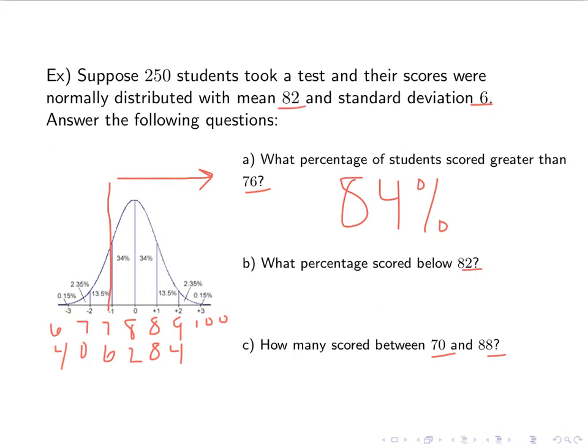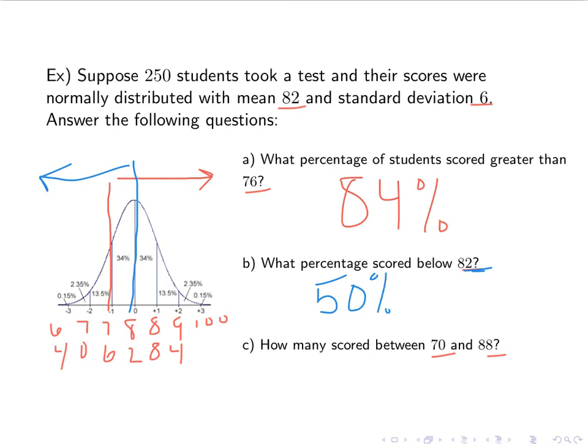Okay. So I'm going to switch colors. For B, what percentage scored below 82? So I go to my 82, and I want below it, so I'm going to go to numbers to the left. So I'm going to have the 34, the 13.5, the 2.35, the 0.15, all to the left of 82. And if I add those up, I should be getting 50%.